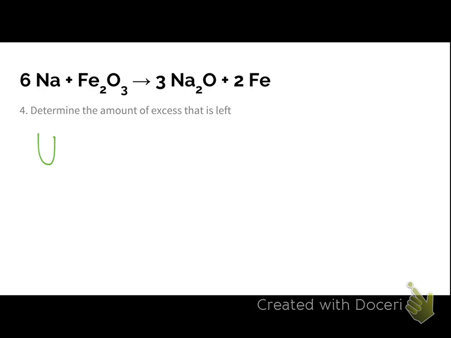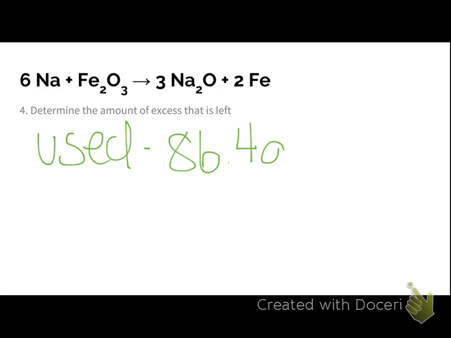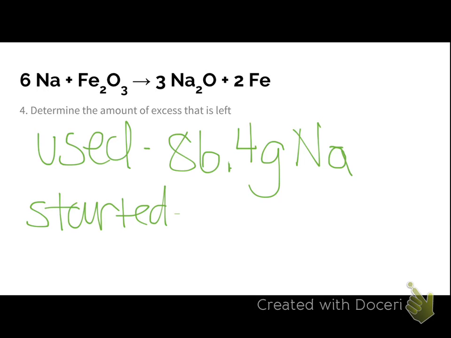So we used 86.4 grams of sodium. Now to find out how much is left, we have to know how much we started with. Well, we started with 100 grams.